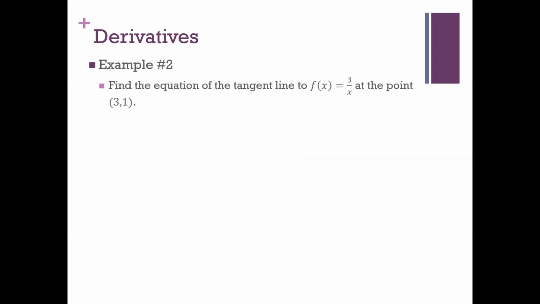So now I want to find the equation of the tangent line to this function at this point. I could try the method I did with that first example where I got kind of lucky. Really, I cooked up that example so it would work, so I was able to get that derivative.